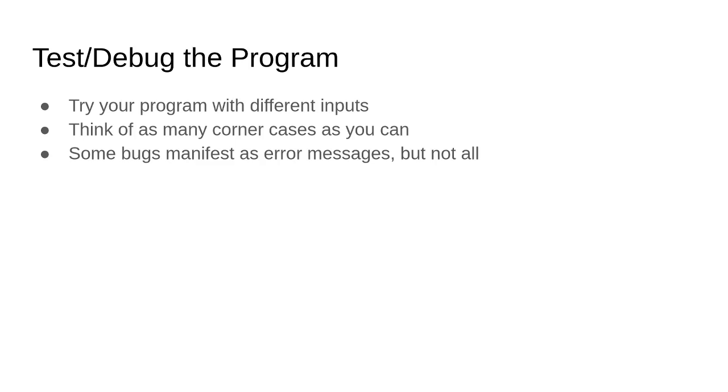Things like negative values, zeros, someone clicks the wrong button at the wrong time. These are corner cases, and you want to try to test your program out and make sure it handles them well, because you don't want your program to crash on someone.